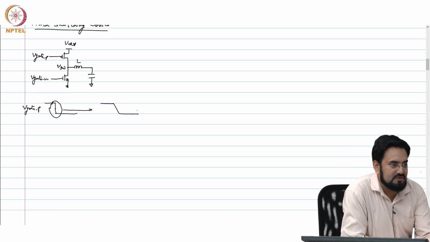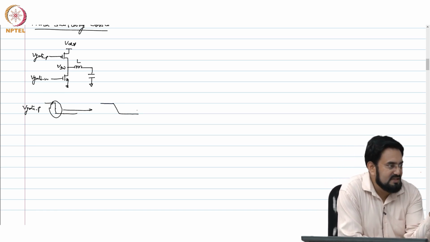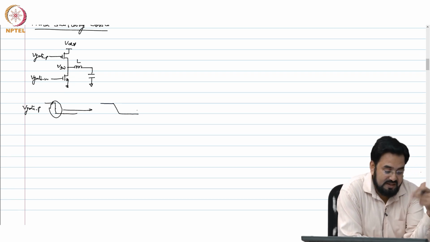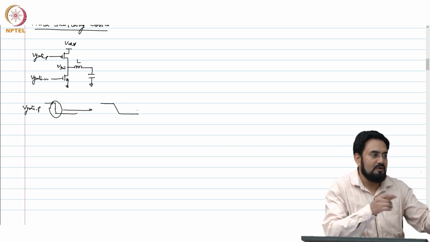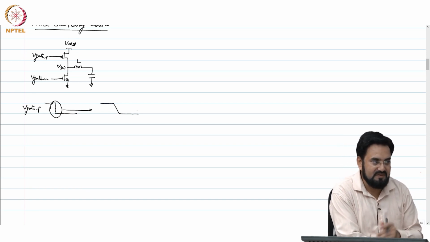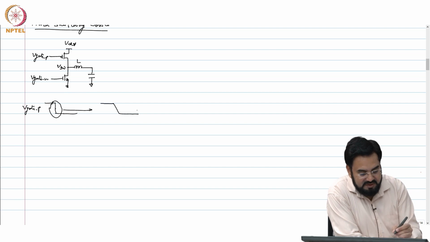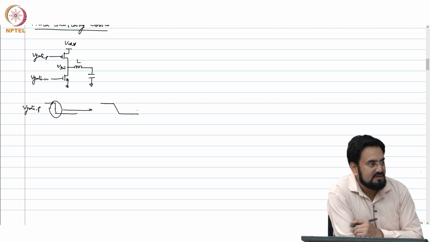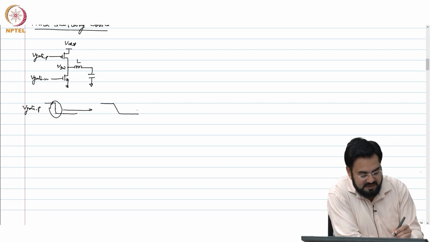If you have a closer look, this is usually a very small fraction of your clock period. If you draw the whole clock period, the transition looks very fast, but if you zoom in, what would happen? You will have some fall time associated with it.